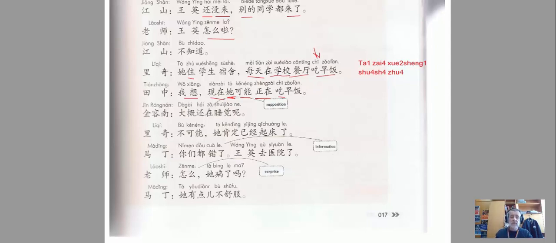Then Jing Rongnan says something a little bit unfair, a little bit critical maybe, or judgmental. He says 大概还在睡觉呢. Now 大概 we've come across before, and I think the original meaning that we learned was, in terms of quantity, about a certain number, approximately a certain number. But I think we've also come across this word to mean maybe.